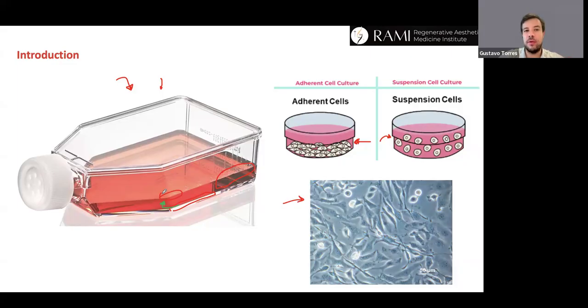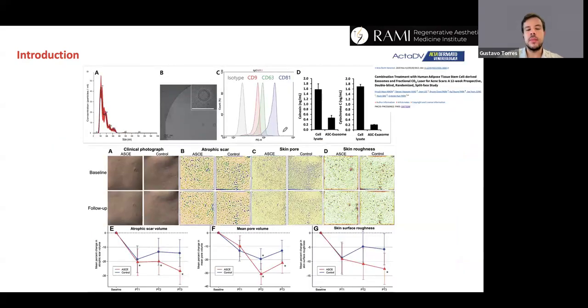So before buying exosomes or before applying them to patients, always bear in mind that you need to know which cells are in the bottom and which is the composition of the medium these cells are being cultured in. So these are two very important aspects of exosome utilization.